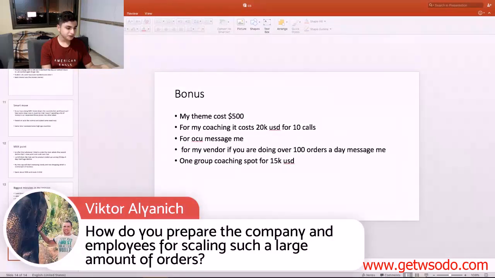How do you create the confident employees for scaling such a large amount of orders? My supplier has a good amount of people helping him. I have over 15 just on the customer service. I have three focusing on the site issues, like if the site is up, any error, anything wrong, and they also send the CSV files to the supplier.